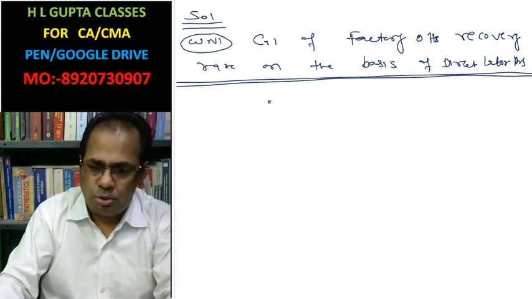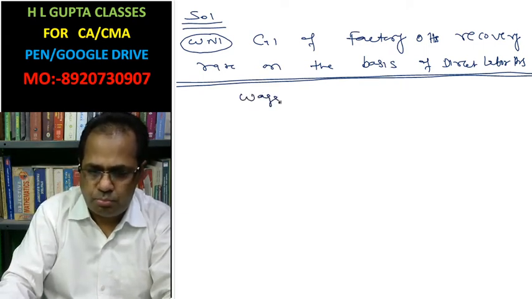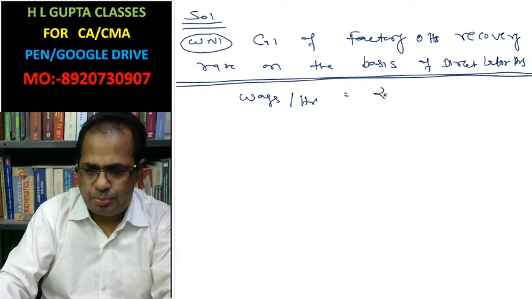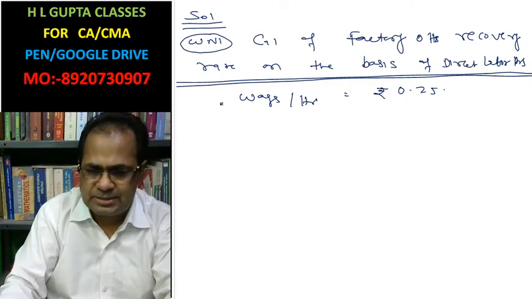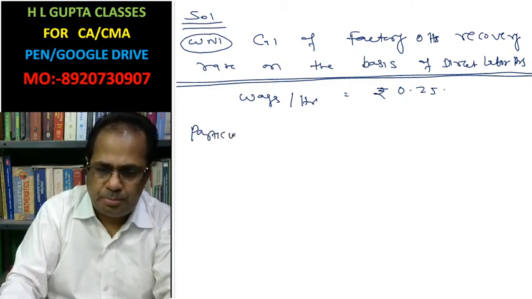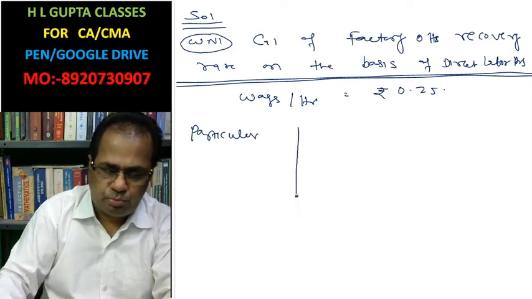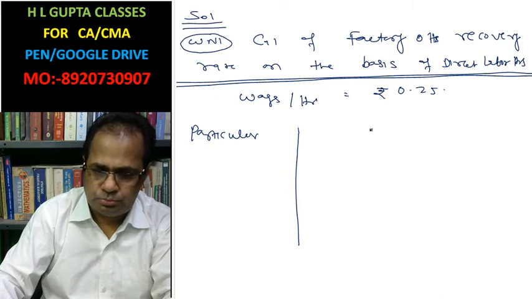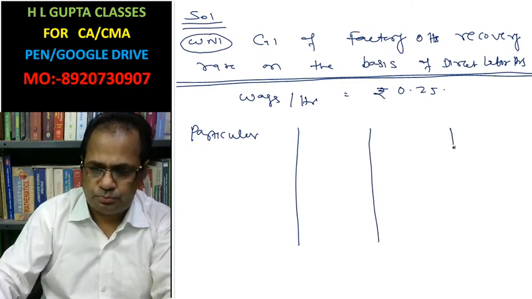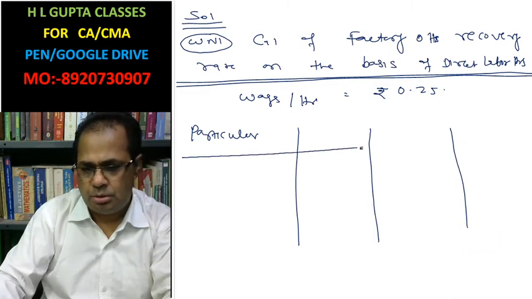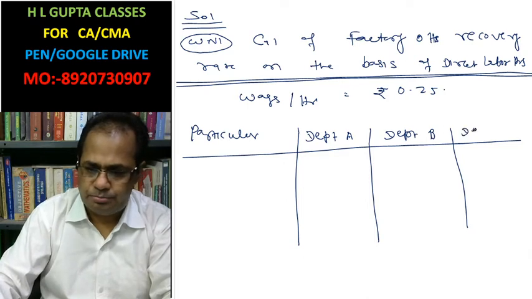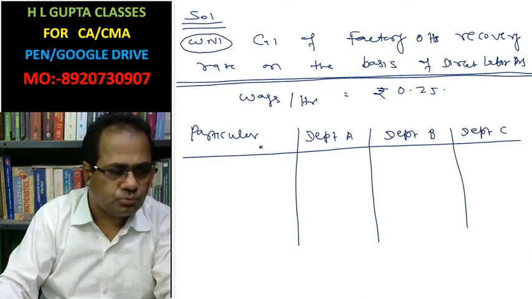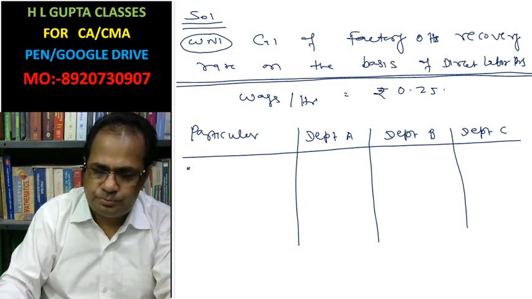Look at wages per hour, rupees 0.25. In this case, look at Department A, Department B, Department C. Wages direct, look at it.